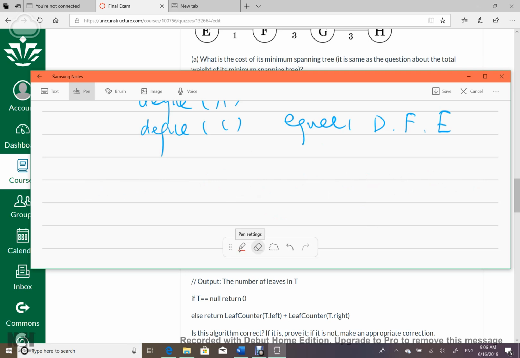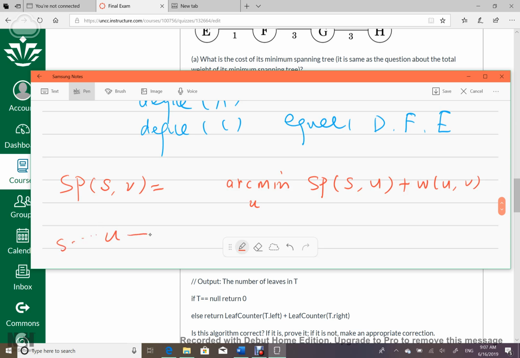Let's rewrite that, so let's make it shorter as SP, right? The shortest path from S to V is equal to the minimum over U, which has SP of S to U plus W of U to V.